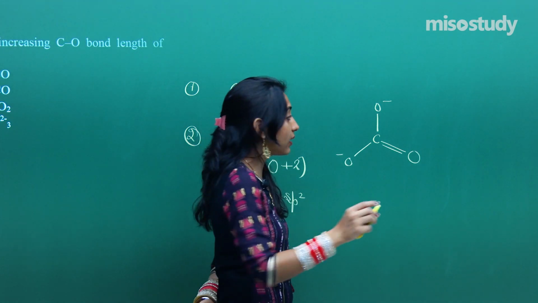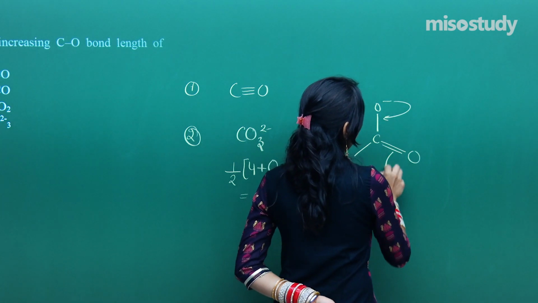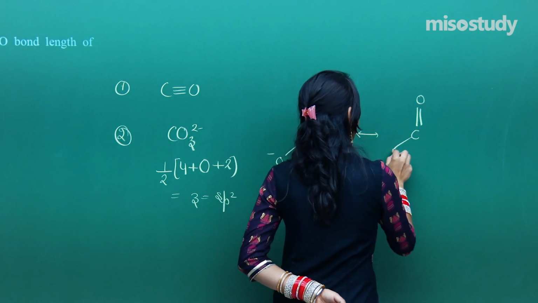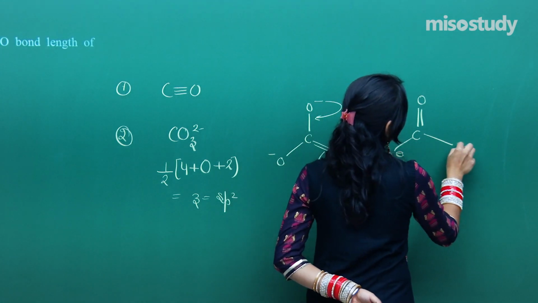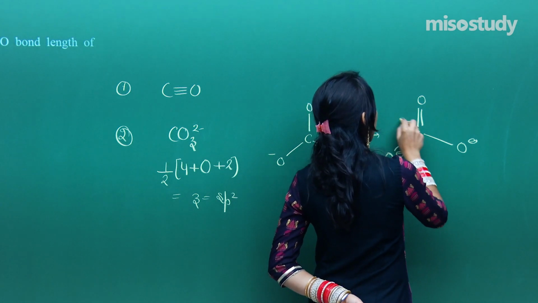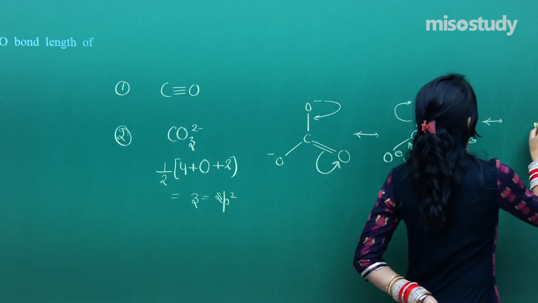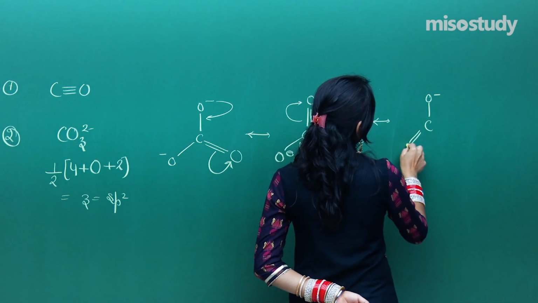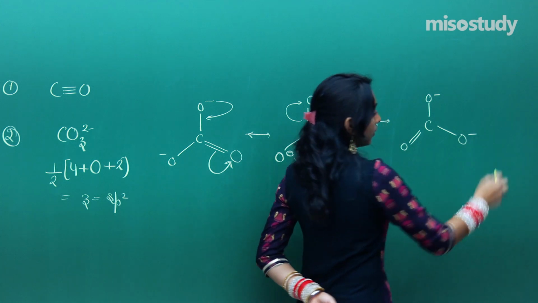But you know there is resonance, so this will come here and this will go there. So you write C double bond O, O minus, O minus. Finally, this will come here and this will go there, so this will be C, O minus, then double bond O, O minus.